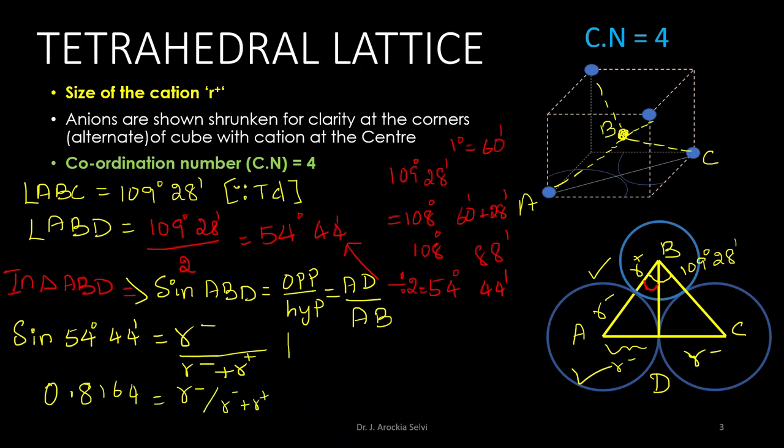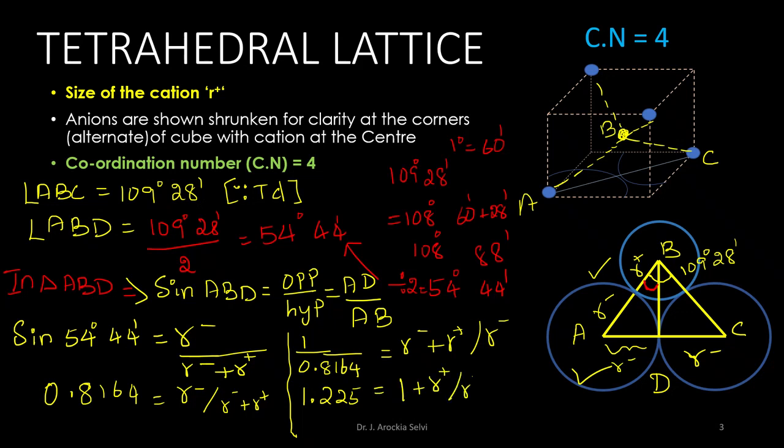As usual, you take the reciprocal of this. So 1 divided by 0.8164 equals R minus plus R plus divided by R minus. The value of this is 1.225, and this is supposed to be 1 plus R plus by R minus.